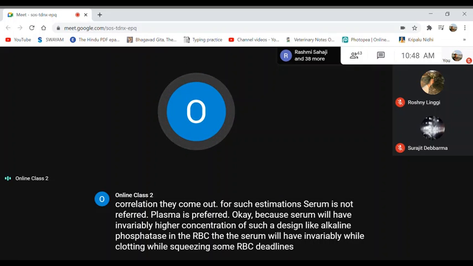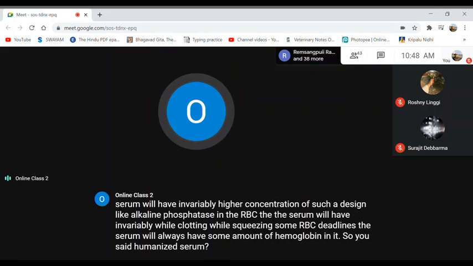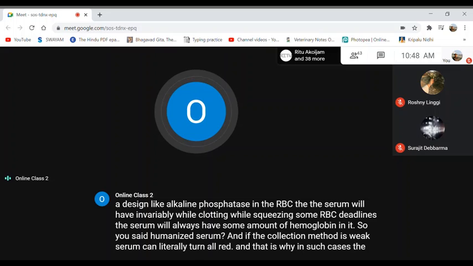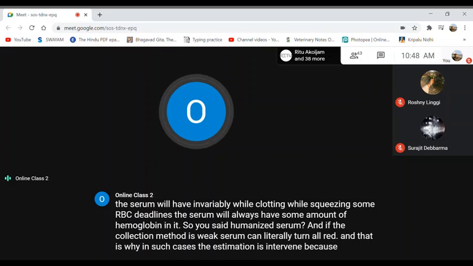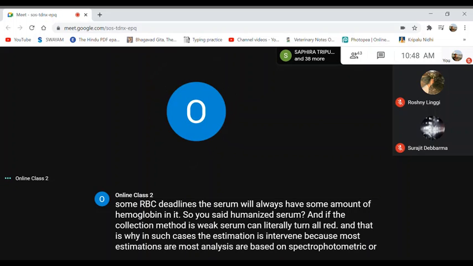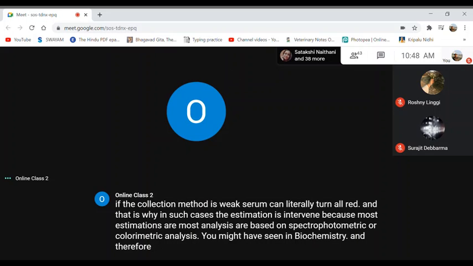So serum will always have some amount of hemoglobin in it. So we say hemolyzed serum. And if the collection method is weak, serum can literally turn all red. In such cases the estimation is interfered with, because most analyses are based on spectrophotometric or colorimetric analysis, as you might have seen in biochemistry. There is interference in that.